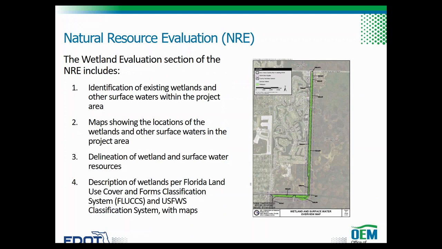Maps showing the locations of the wetlands and other surface waters in the project area should be included. 3. A delineation of each wetland. 4. A description of wetlands in the project area according to the Florida Land Use Cover and Forms Classification System, called FLUCFCS, and the U.S. Fish and Wildlife Service Classification System, as described in Classification of Wetlands and Deepwater Habitats of the United States.